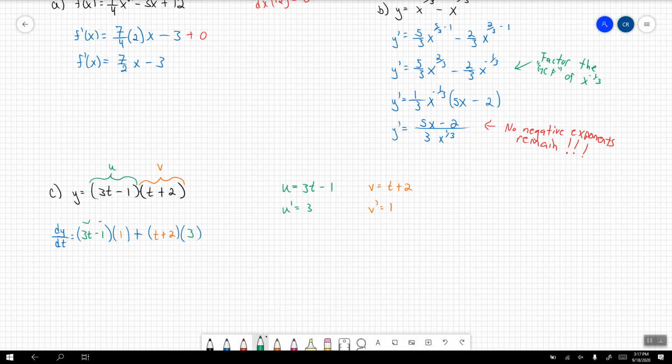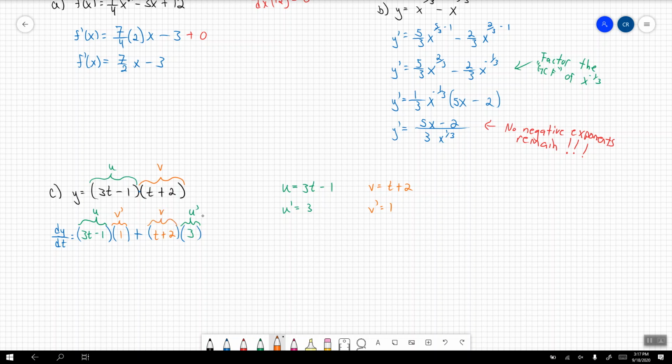And again, this first factor was my u. This last factor was my u prime. The second factor was my v prime, and this first factor was my v.